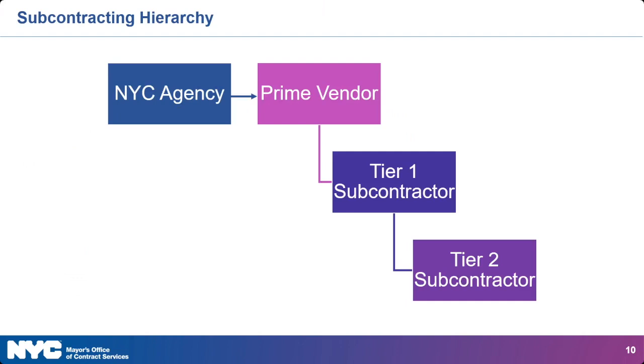Tier 2 subcontractors have a contract with the prime vendor's Tier 1 subcontractor. The recent Passport update allows prime vendors to request approval for and manage their Tier 1 and Tier 2 subcontractors. If your organization works with New York City as both a prime vendor and as a subcontractor, you do not need separate Passport accounts.